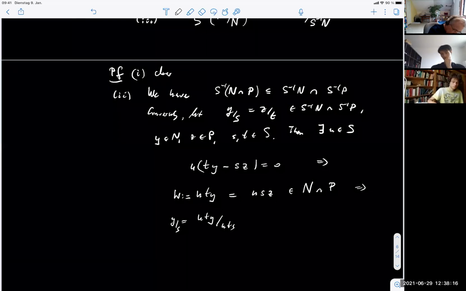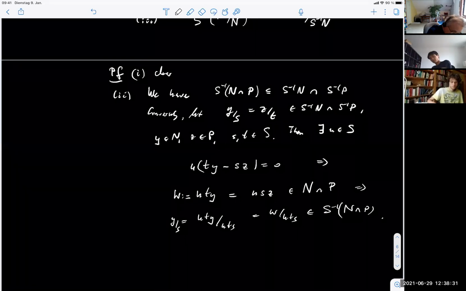On the other hand, this is w divided by uts, which is clearly an element in the localization of N intersected P. So I have shown that this element y over s in fact lies here.